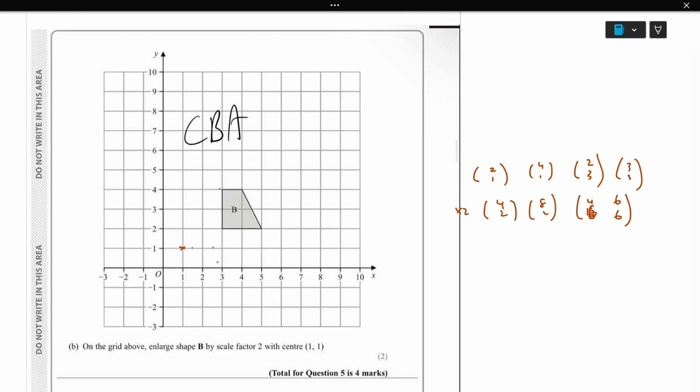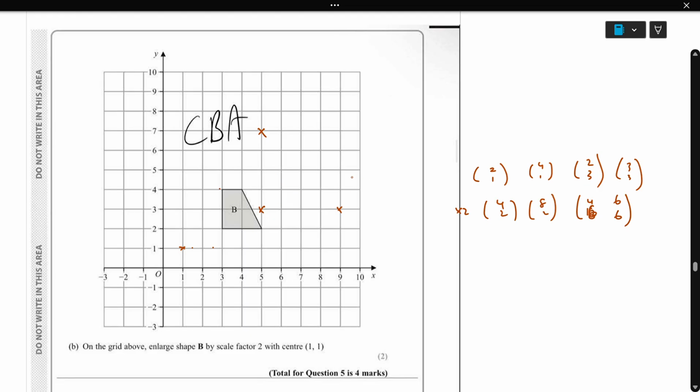So now from the same center, 4 comma 2, 1 2 3 4, 4 and 2, the point will be here. Next, 8 comma 2, 8 and 2. So the next point is here. Next, the third one, 4 comma 6: 4 across and 6 up.